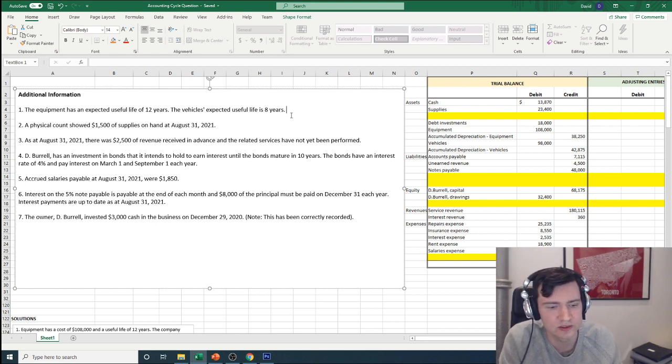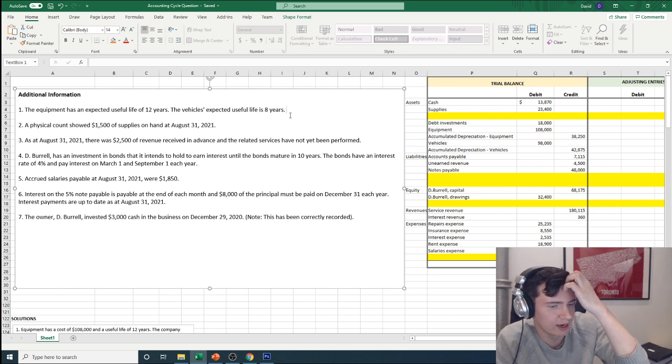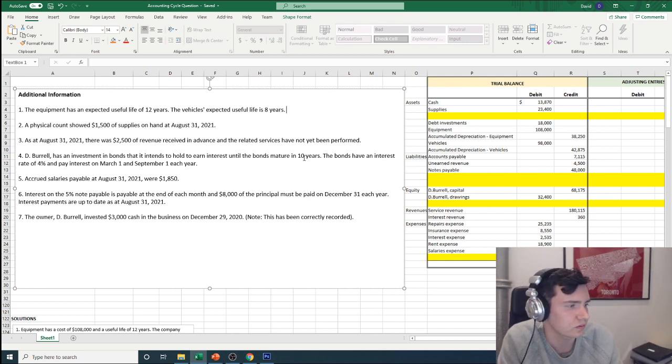So if it's an estimate, or if the useful life were to be much longer, then we would have to make a change which would reduce the expense. And if the useful life was too low, then we would have to increase the amount of expense.